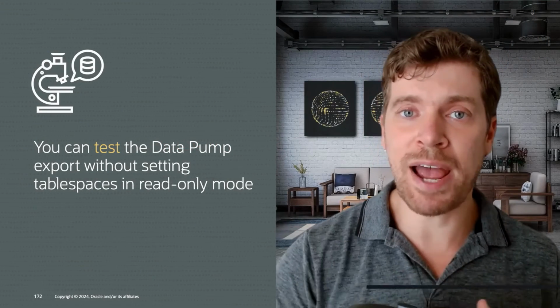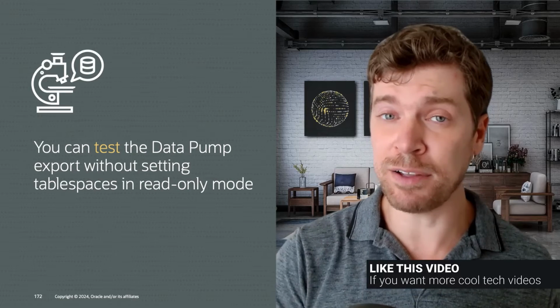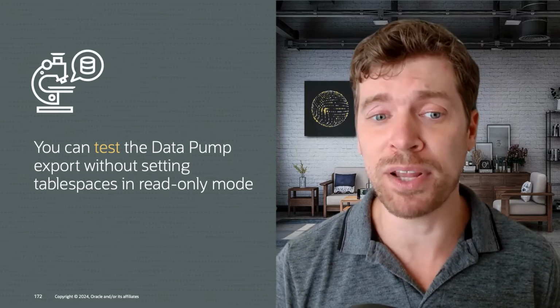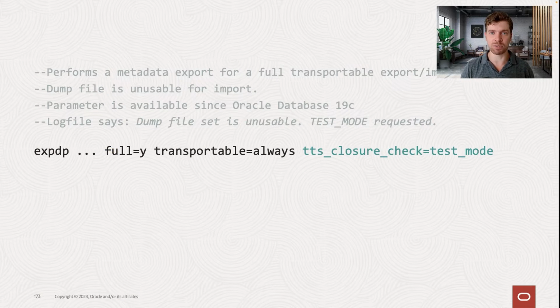So going back to the export, we can test Data Pump without setting the data files and the tablespace in read-only mode using this TTS closure check equal to test. That only tells Data Pump to totally ignore that check, but of course because of that, this dump file that's generated is totally useless.